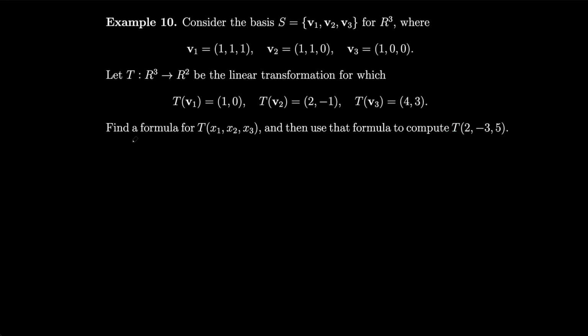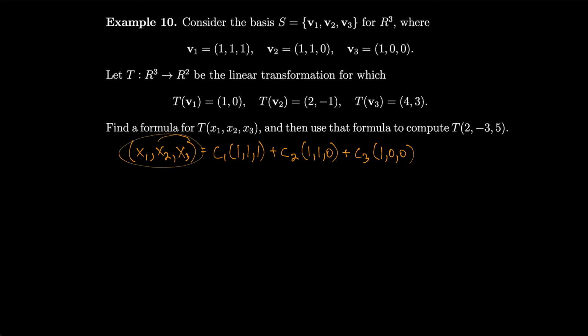So we have x1, x2, x3 is equal to some constant C1 times 1, 1, 1, plus some other constant C2 times 1, 1, 0, plus some other constant C3 times 1, 0, 0. It has to be, right?